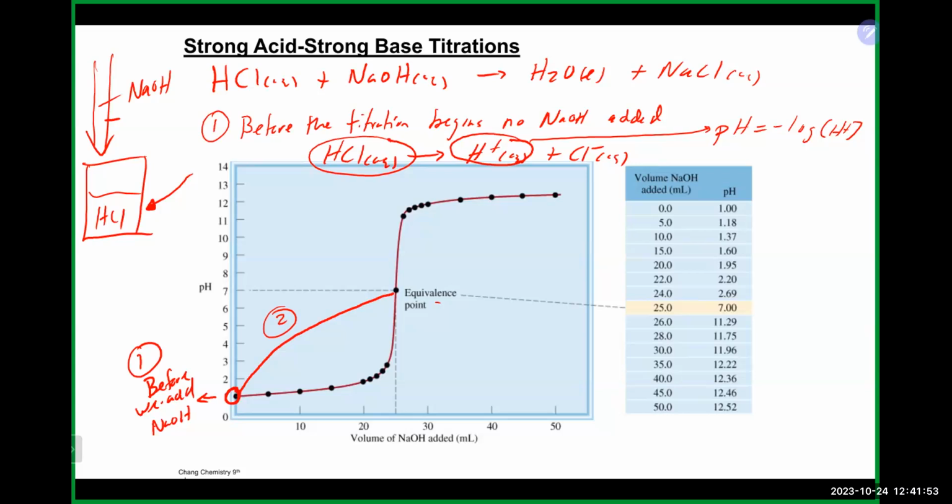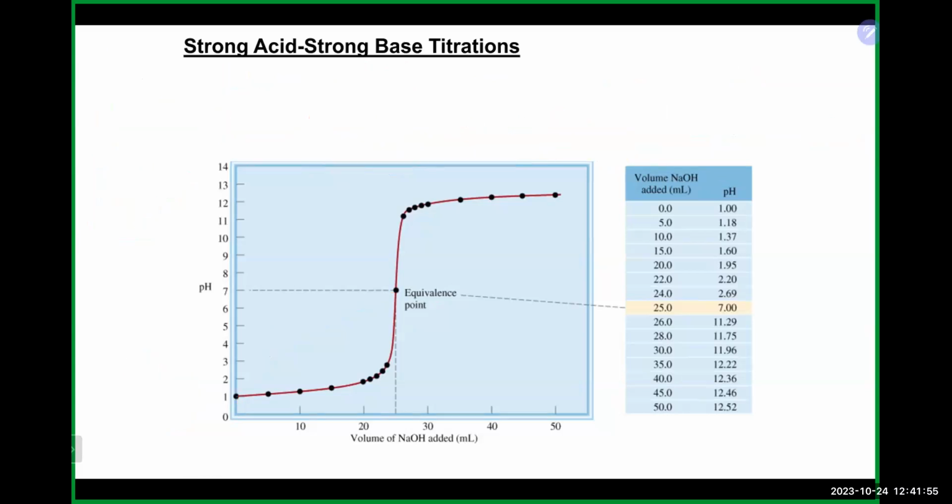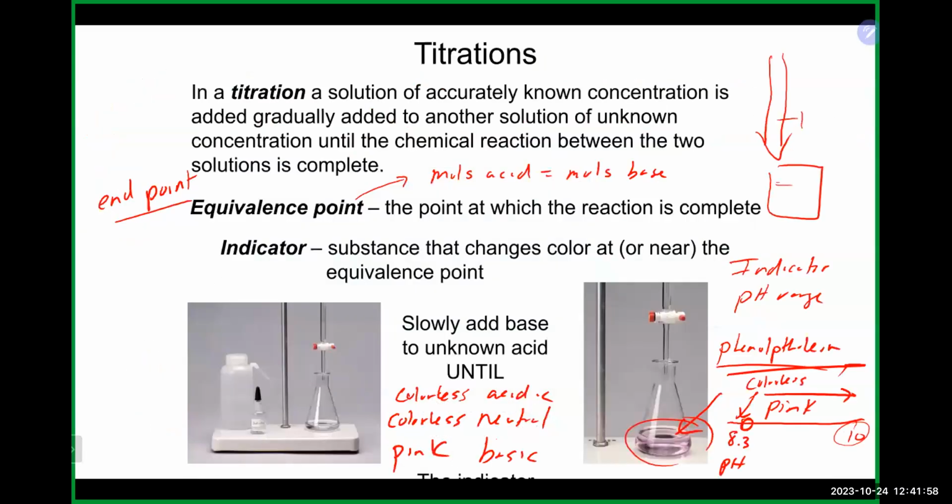So in this case, at the second part of the titration curve, once we start adding sodium hydroxide, and this is before the equivalence point, we have a reaction that's going to happen between the sodium hydroxide we're adding and the hydrochloric acid that's in there.